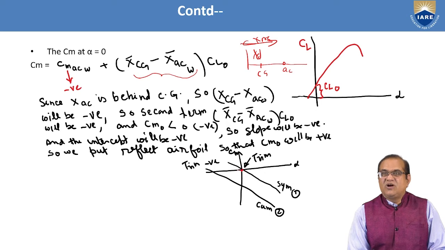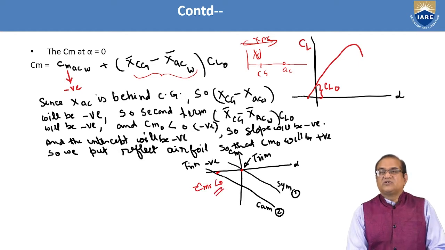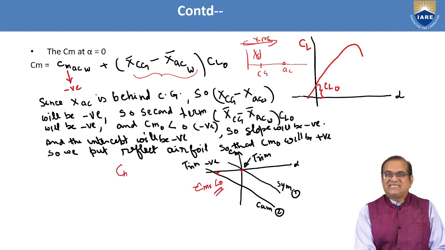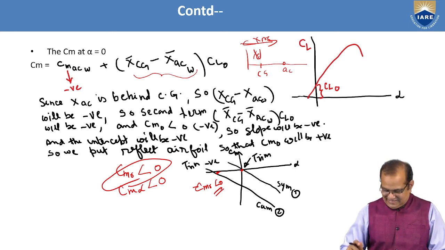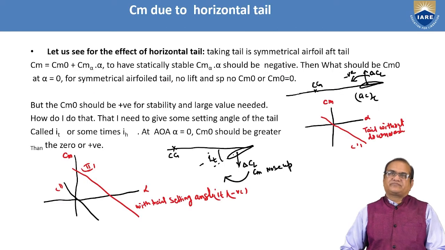You can see at 0 here it is negative. So here Cm naught is also negative. So in this we are getting Cm naught negative and Cm alpha also negative, but this is not meeting our stability criteria. So how to tackle such a situation?